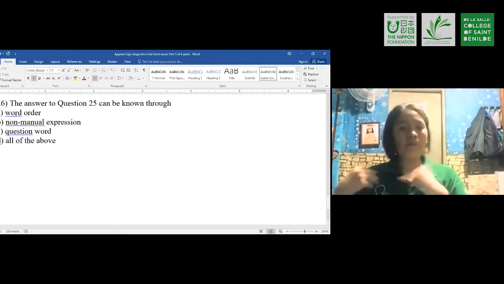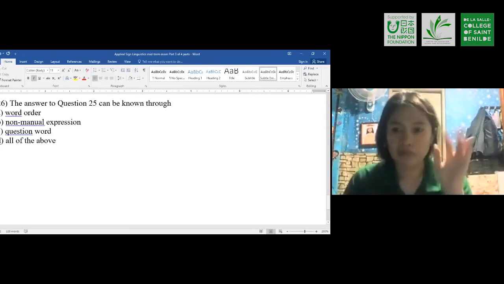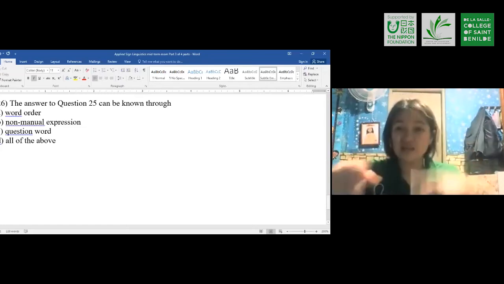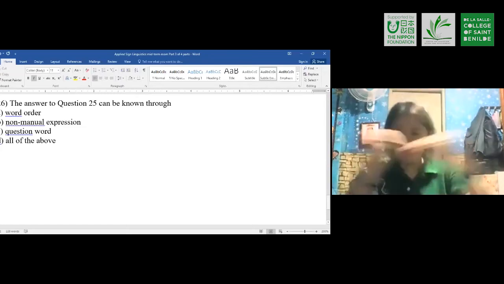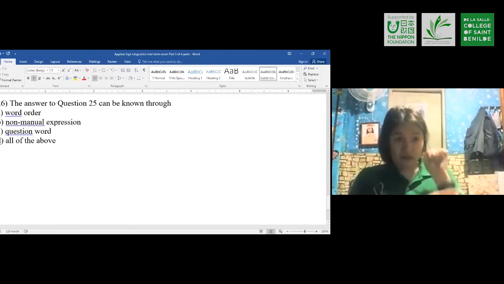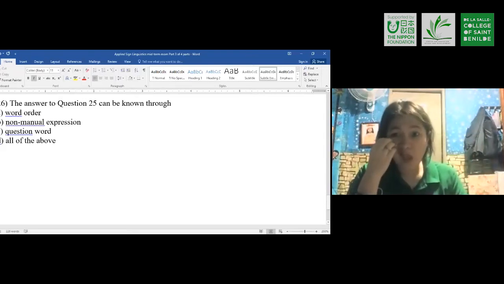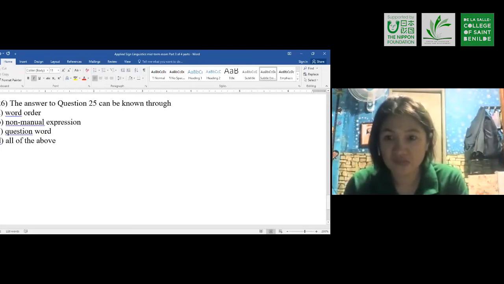But if we see that lean forward with the eyebrow, then it is a question. I saw the body movement there. So is that similar then? The body movement and a question word?